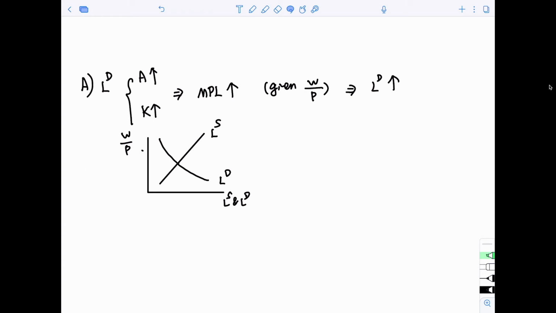These two changes cause the labor demand to increase given the same level of real wages, so the labor demand curve shifts to the right. So this economy is going to end up with a higher full employment level, holding all other things equal. So the full employment output should also increase.